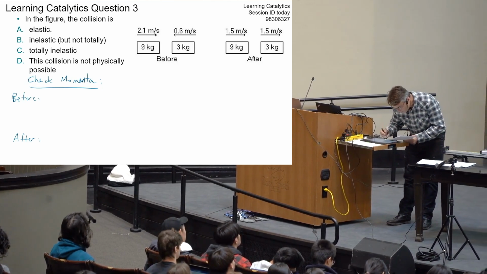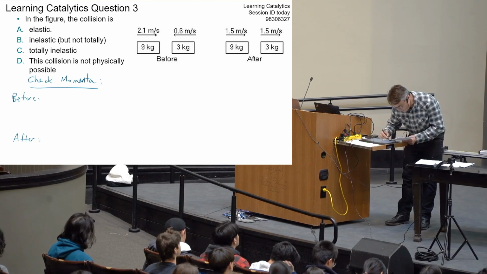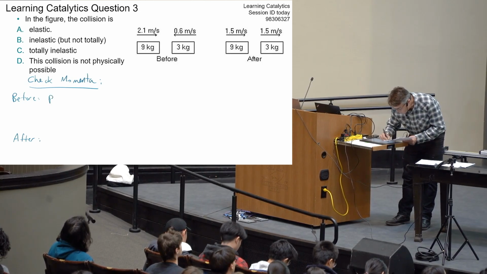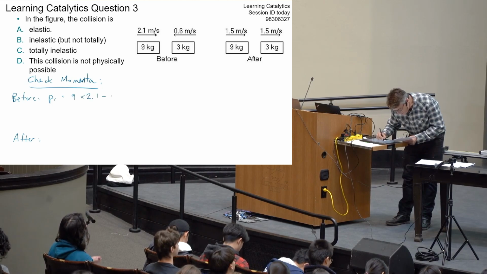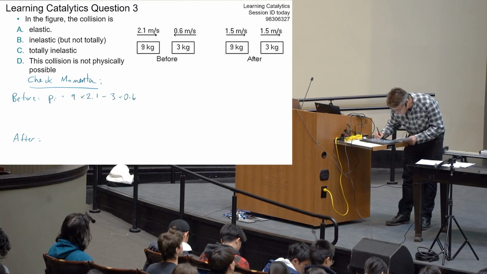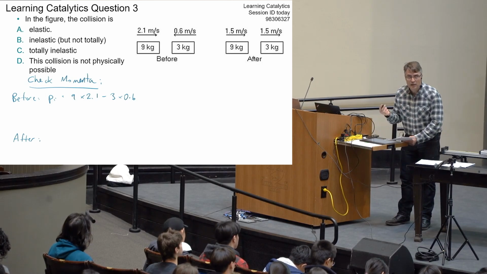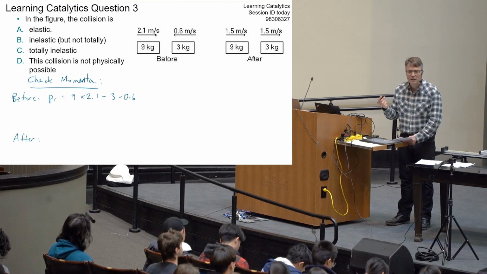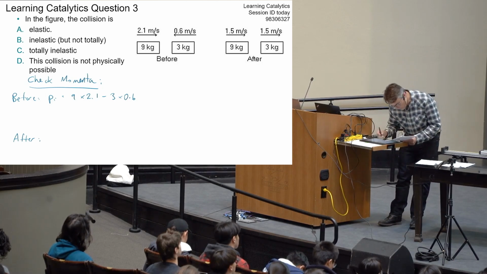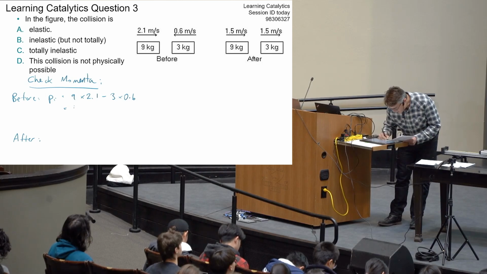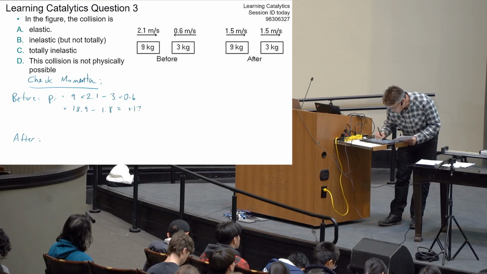But you got it, right? So before, I've got P initial. It's going to be 9 times 2.1 minus 3 times 0.6, because remember, momentum is a vector, so the plus or minus determines the direction, and these are going opposite directions. So I've got 18.9 minus 1.8. So I got plus 17.1 kilograms meters per second.